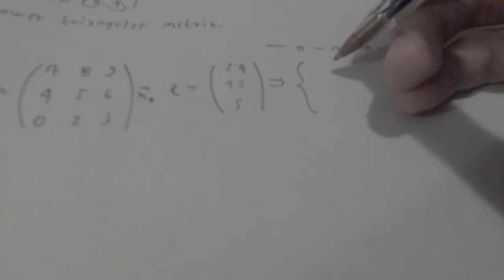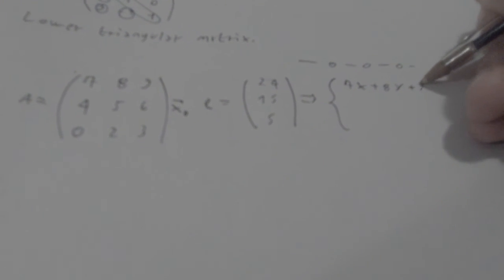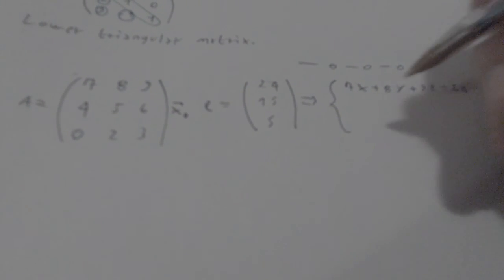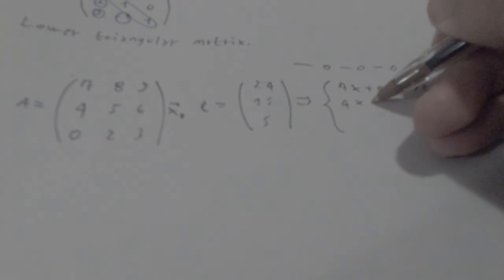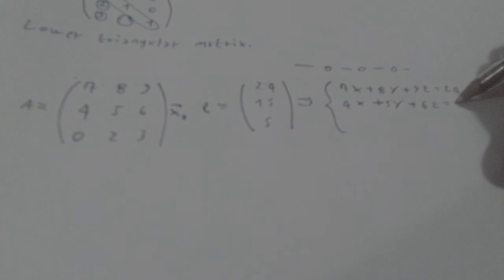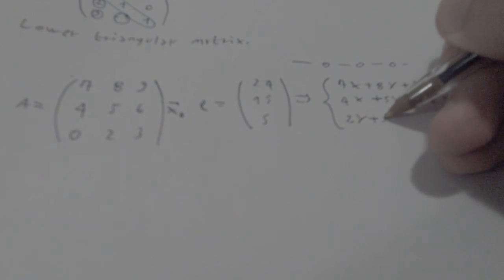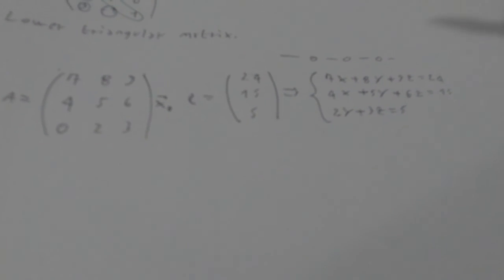It's going to give us 7x plus 8y plus 9z equal 24, 4x plus 5y plus 6z equal 15, and then just 2y plus 3z equal 5. Right, a linear system of equations.